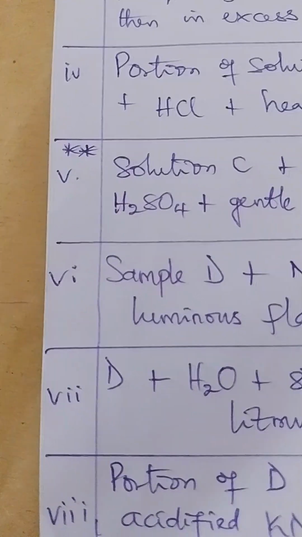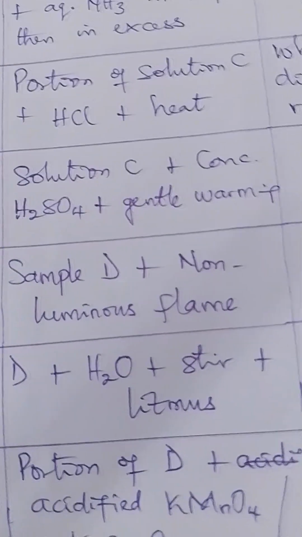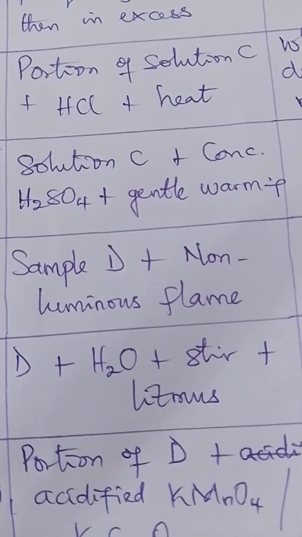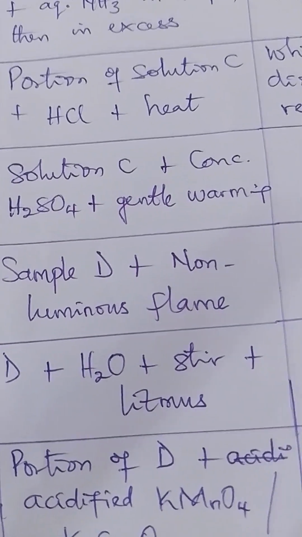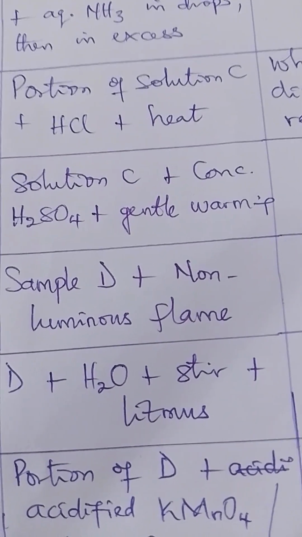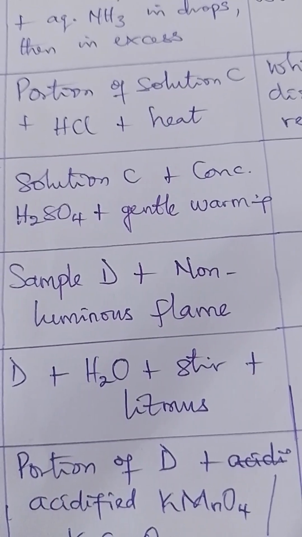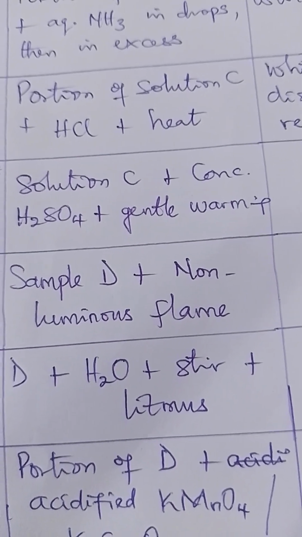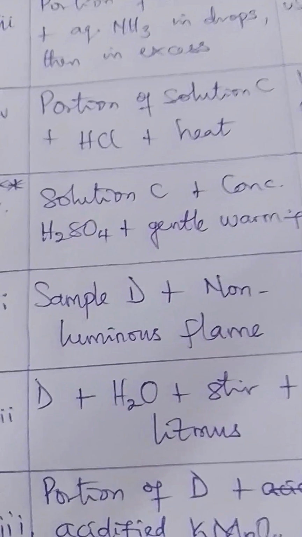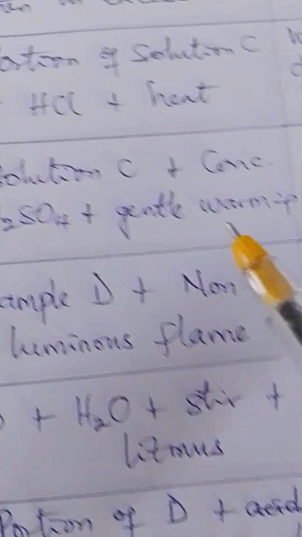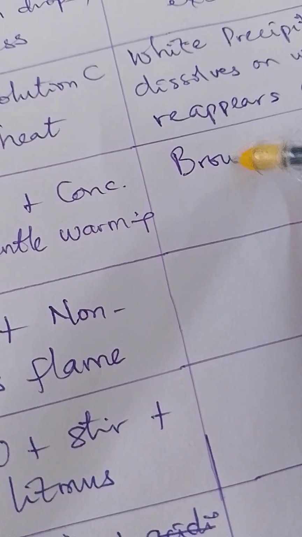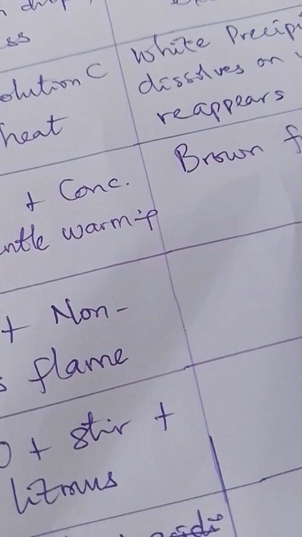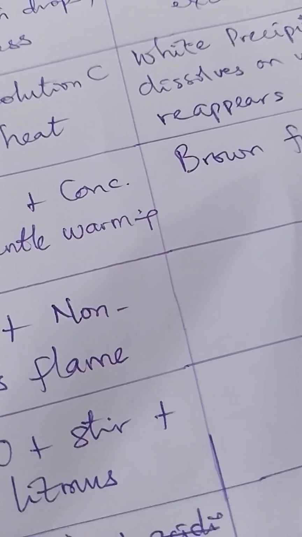So the next one, which is the fifth one according to what I have here, is solution C plus conc H2SO4 and gentle warming. This is if we are going to test for what I said initially, the brown ring test, where we are going to test for NO2 or the presence of NO3 ion. So should this come up, you are going to observe brown films produced.